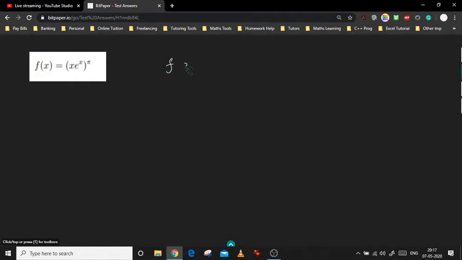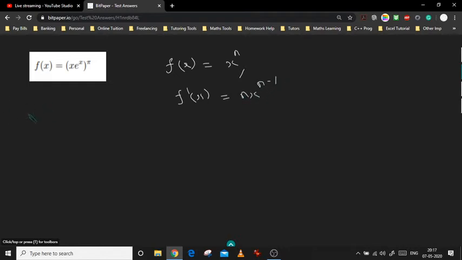Maybe you can think of f of x as x power pi, or we can say it is x power n, where n is some constant. So we just have to apply the basic power rule. Therefore f dash of x is equal to n x power n minus 1.